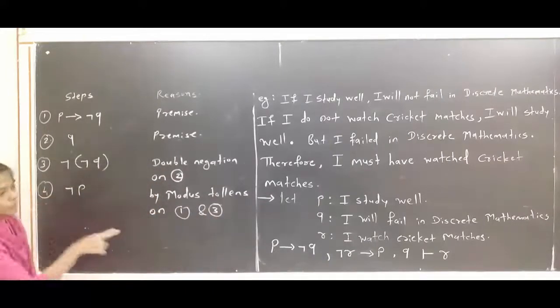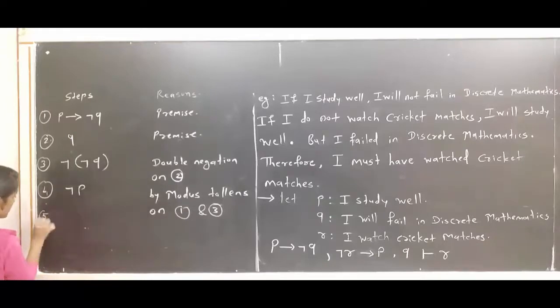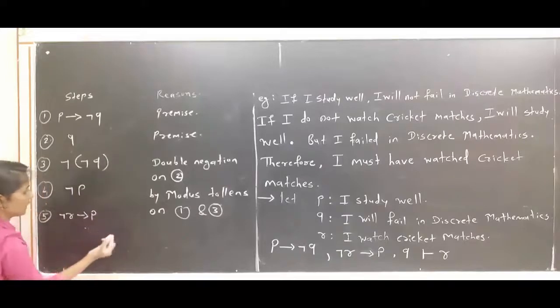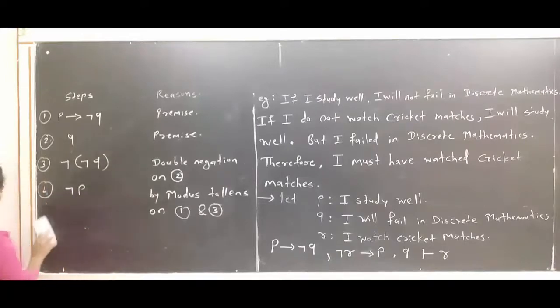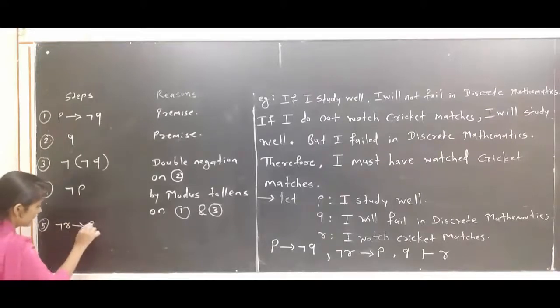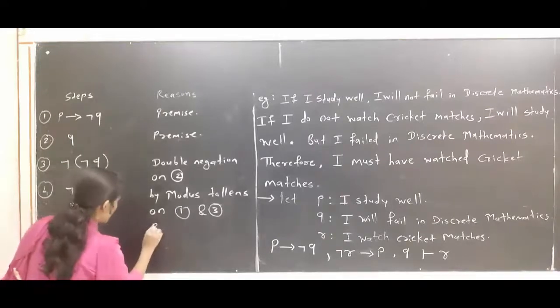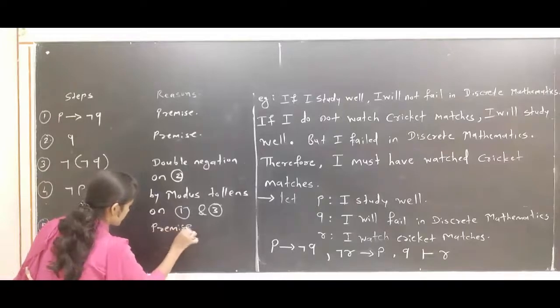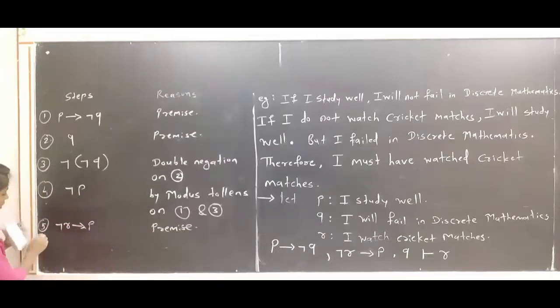Now we take the next premise, negation R implies P. So here negation P and negation R implies P, again we apply the modus tollens law.